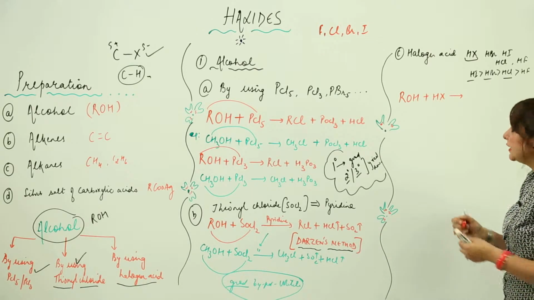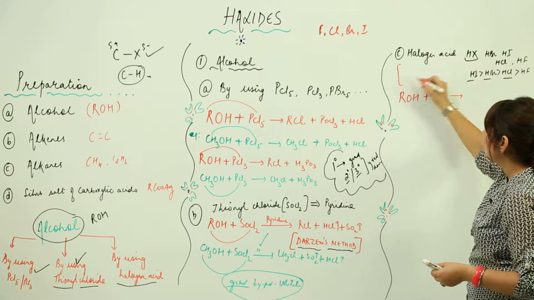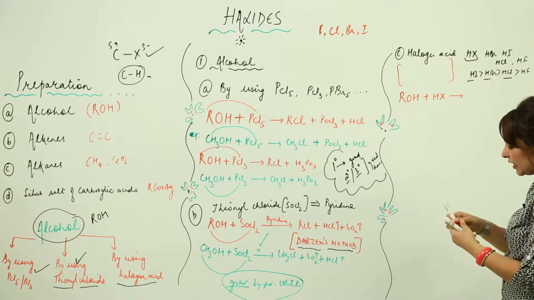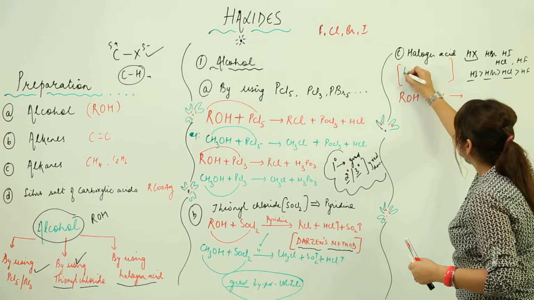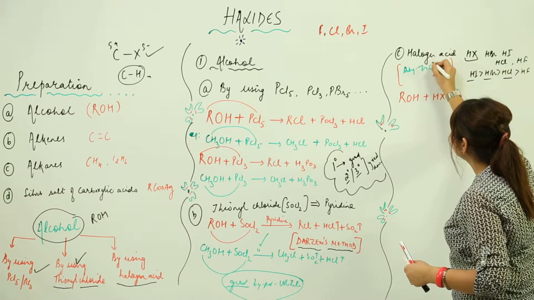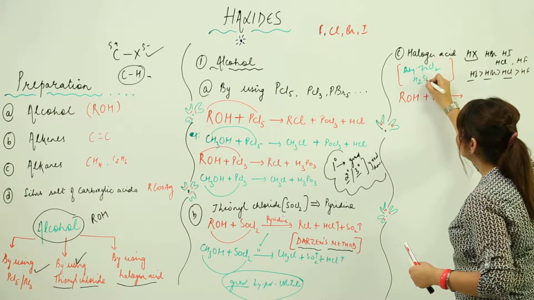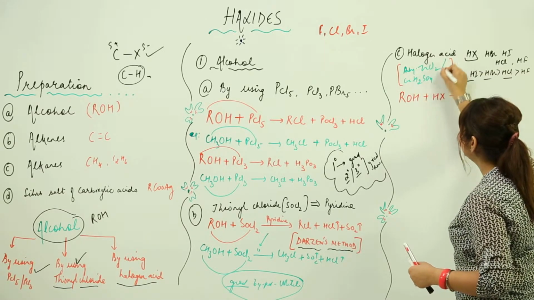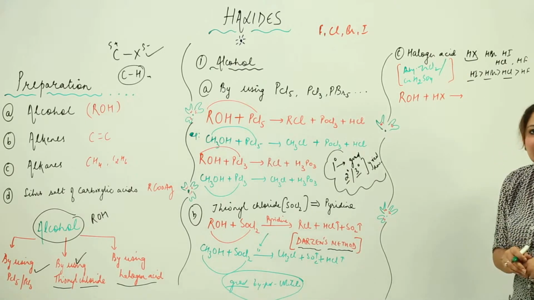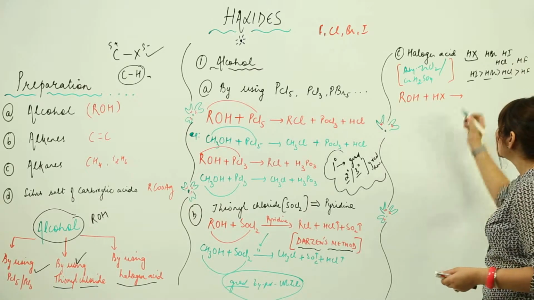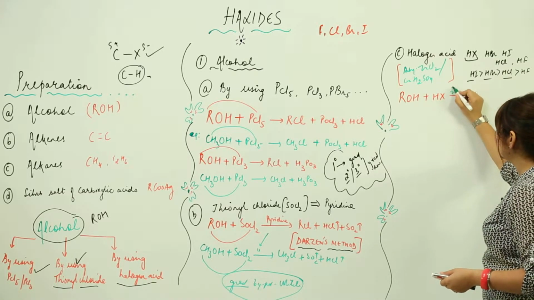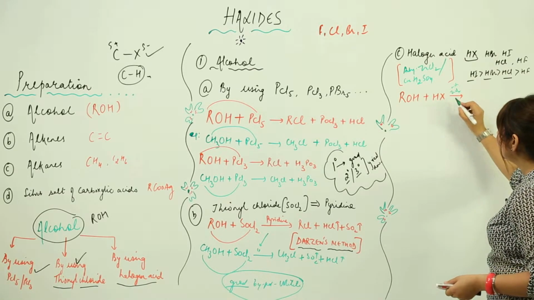And one more thing, this reaction takes place in presence of a dehydrating agent, which can be anhydrous ZnCl2 or concentrated sulfuric acid. We can use either because we need a dehydrating agent here, which will just eliminate the water. So let's say it is anhydrous ZnCl2. What is going to happen?